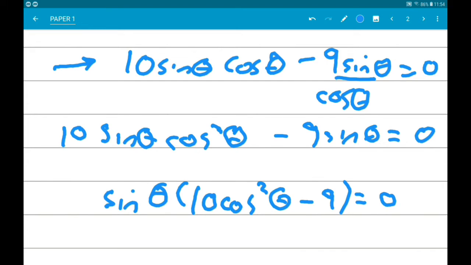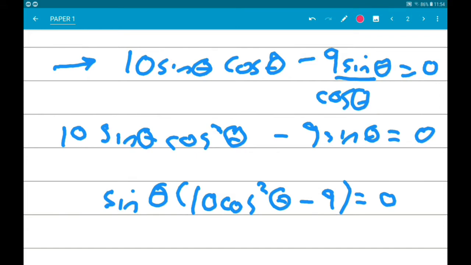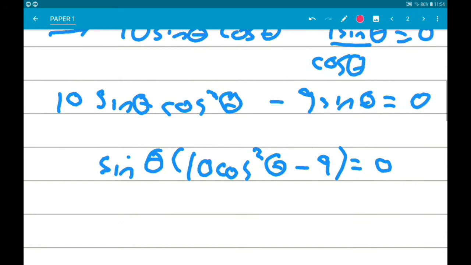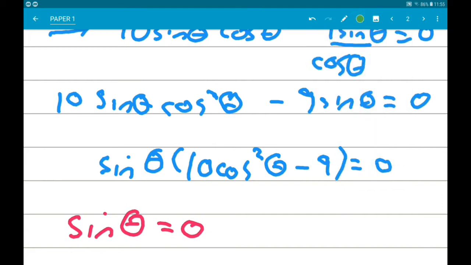Alright, so this tells us then that sine theta is 0, or cos squared theta is 9 tenths.